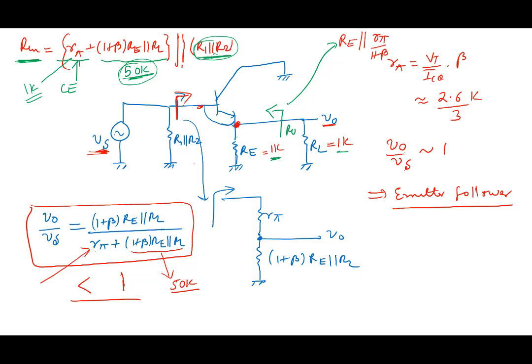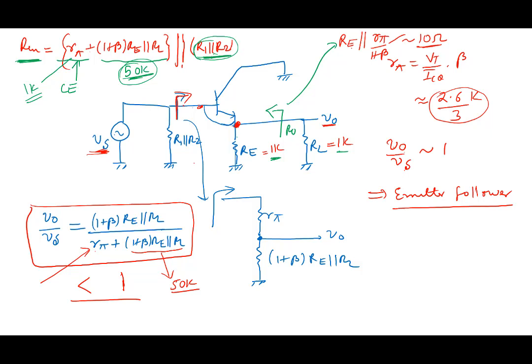If R pi is 1K and beta is 100, this term becomes 10 ohms. Look at that. 10 ohms. R pi was approximately equal to 1K for us, in fact less than 1K, and divided by beta it becomes 10 ohms. That's the output resistance here.